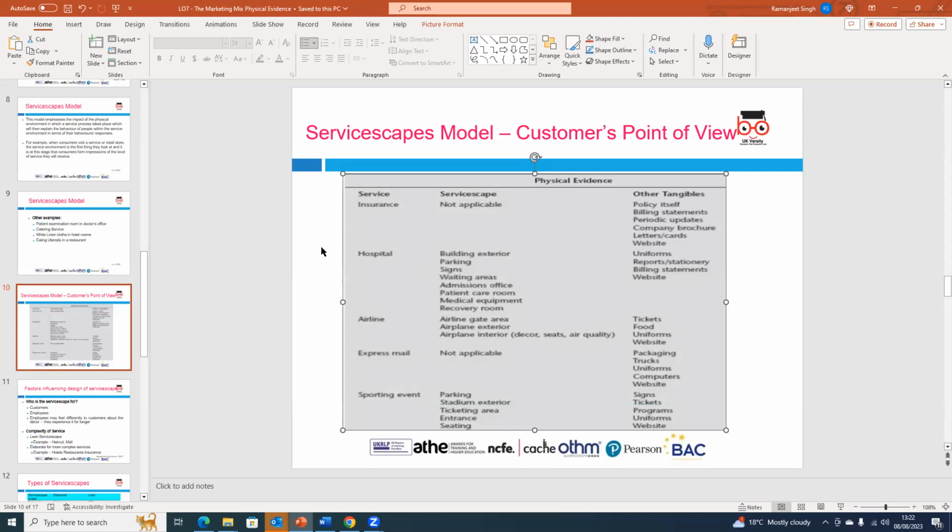For example, if you go to a hospital, what would you like to see in a physical environment: the uniform, the building, the website, and service-wise, your parking and signage and waiting room and ambulance and administration office. Okay, so you can see this from different slides. Different organizations will give you a different impression of their service and of their physical evidence.